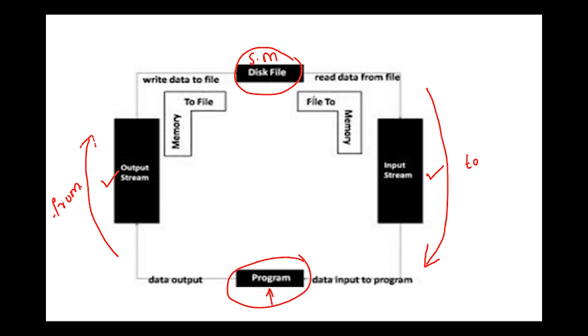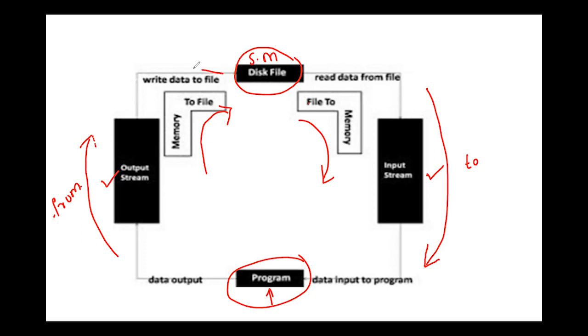So file to memory, data is flowing in this direction. Once the program completes its execution, the output needs to be stored in the disk file. That is when the data flows through our output stream, so we say memory to file, going in this direction. That's all this diagram means.